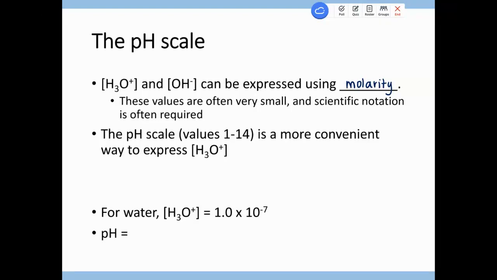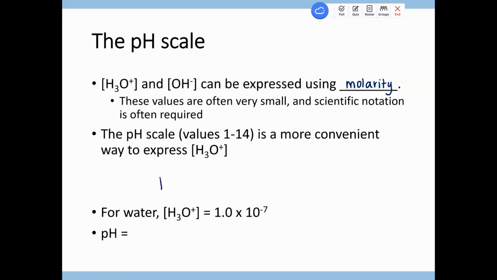So we have very, very small concentration values. So instead of using those really small concentration values, we use the pH scale, which has values between 1 and 14. So nothing less than 1, nothing greater than 14, and they're often just with a few decimal places, but it's a much easier way of comparing acidity or basicity of a solution.